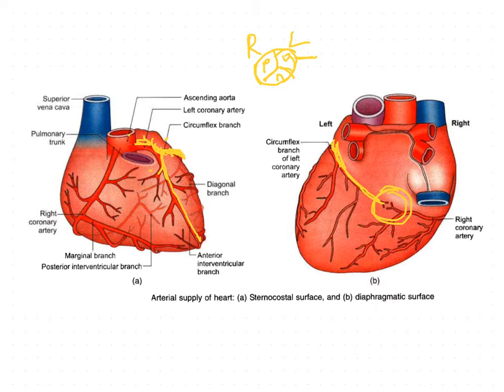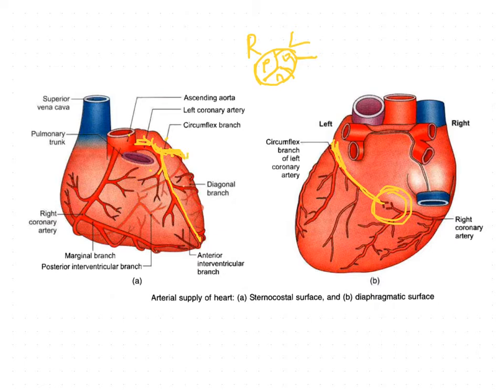This is the course. Coming to the branches, it gives a large branch called the anterior interventricular branch, and also a branch to the diaphragmatic surface of the left ventricle, that is the diagonal branch.